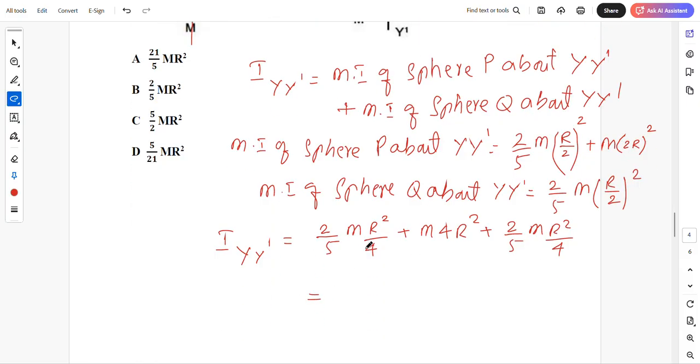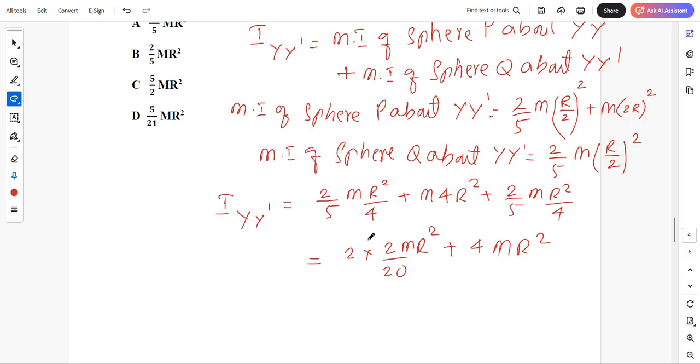I can write this 2 times, that is 2 into 2 by 4, 5 4s are 20, right? Okay, 1 by 5 m r square plus 4 m r square.